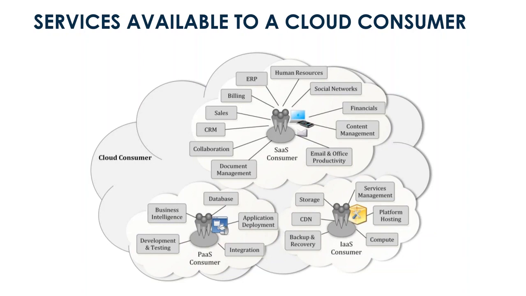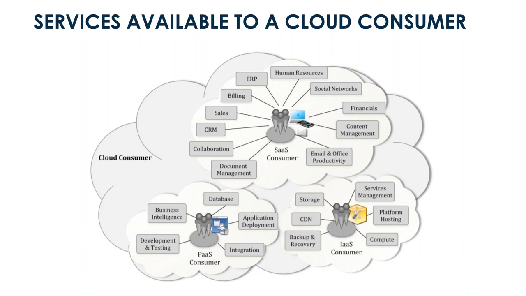For example, SaaS has ERP, CRM, document management, email, financials, social networks. A typical example is Office 365. It's a SaaS model, and Salesforce is a SaaS model. SAP ERP is a SaaS model. There are thousands of examples like that, so I'm not delving into those details. Same with PaaS.